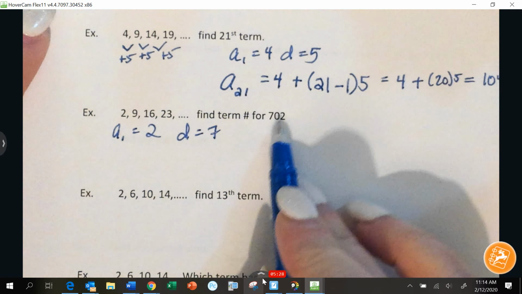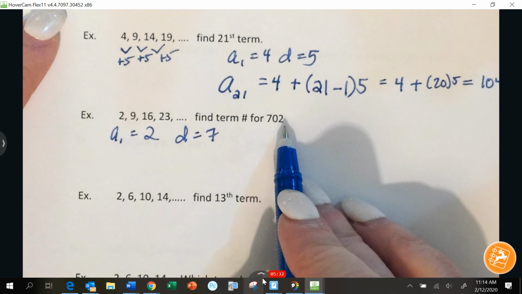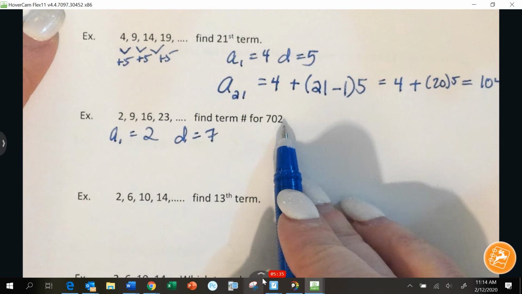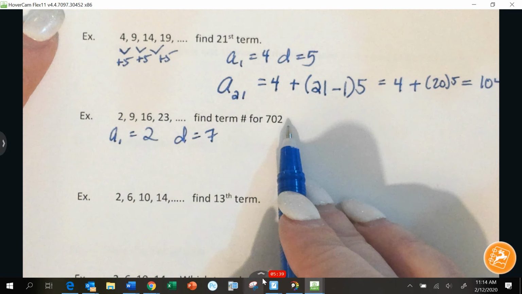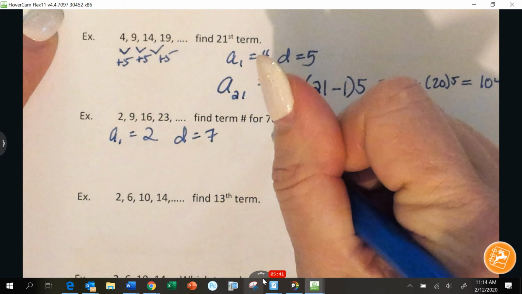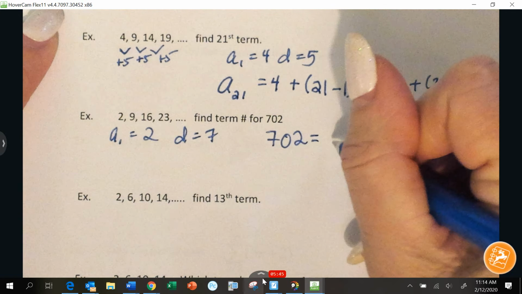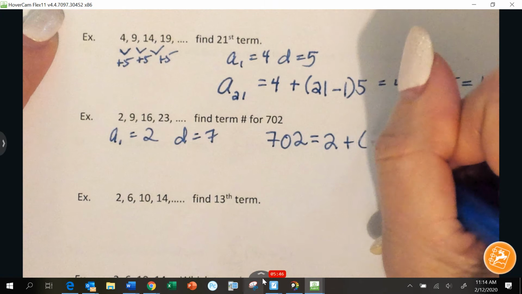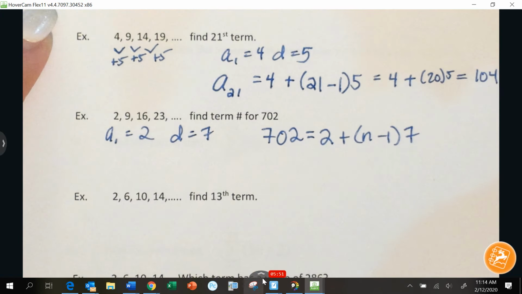We do not know which term 702 is, but we do know the value at that term. The value at that term is a sub n. So our a sub n, 702, is going to equal a sub 1 plus n minus 1 multiplied by common difference d, which is 7.